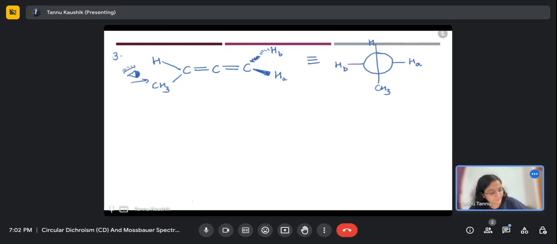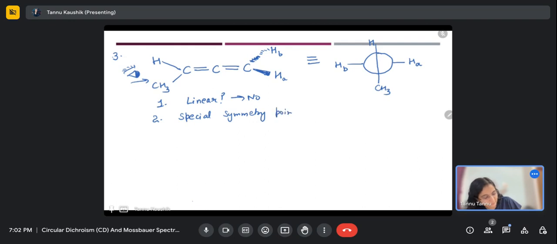So here, after introducing this methyl group, we can see that we don't have any axis of rotation in the molecule. So first, is the molecule linear? No. Second, special symmetry point group, tetrahedral or octahedral?